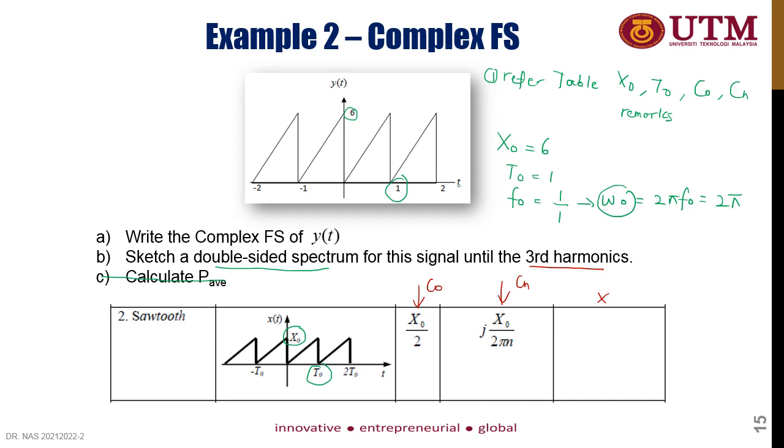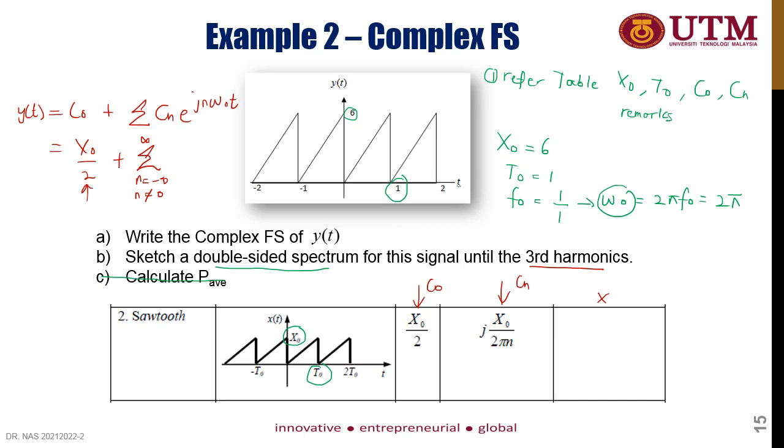In this case, it's y(t) equal to C naught plus the summation of Cn e^(j n omega naught t). Okay, so you already know your C naught equal to x naught divided by 2, plus the summation of all n from negative infinity to infinity except n equal 0, because this is for n equal 0.